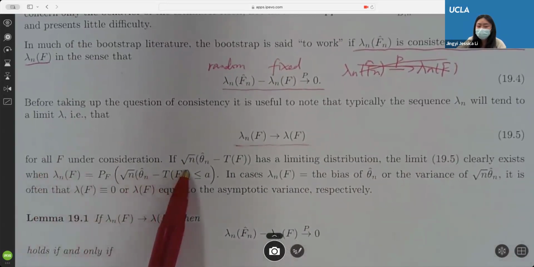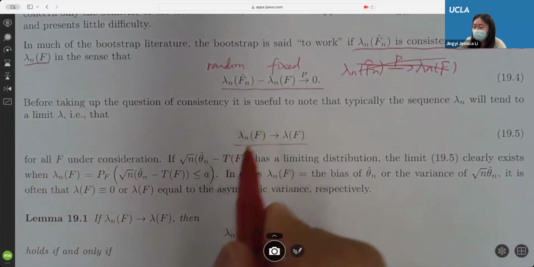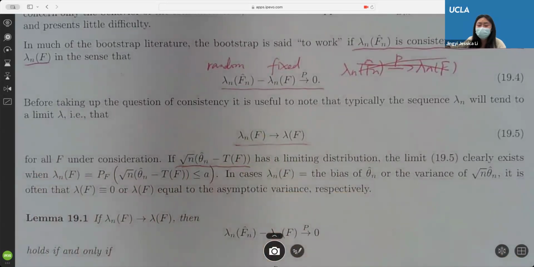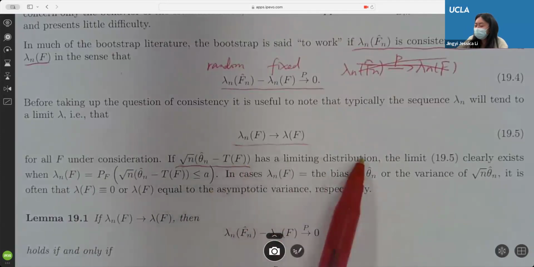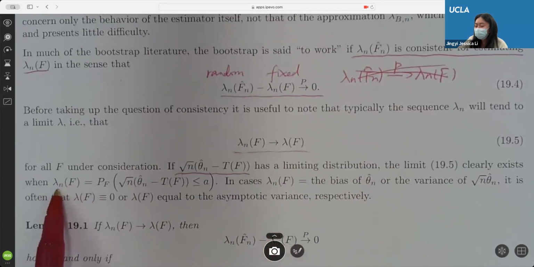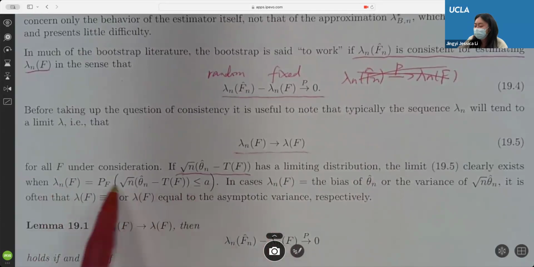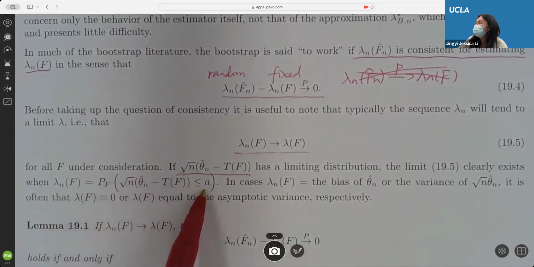For all F's under consideration. For example, if this is the error probability, then it depends on the distribution of root n times the estimator theta hat minus theta. So this has a limiting distribution. For example, the central limit theorem gives us the limiting distribution as Gaussian. Then in this case, clearly this error probability will have a limit, and the limit is the CDF value under the limiting Gaussian distribution.